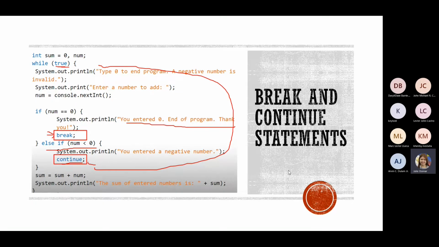In a while loop, it goes directly to the expression, the condition itself. So in while and do while loops, using the continue statement makes the control of the loop immediately jump to the loop condition.